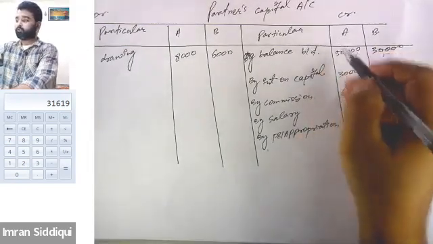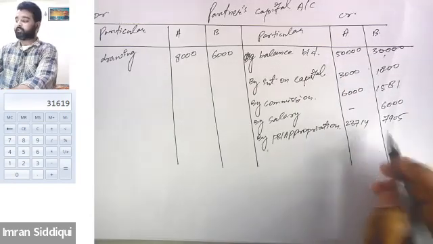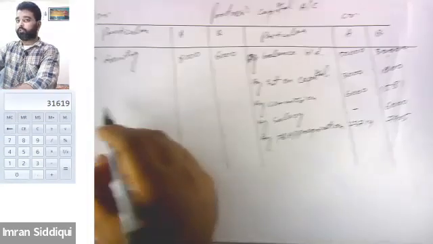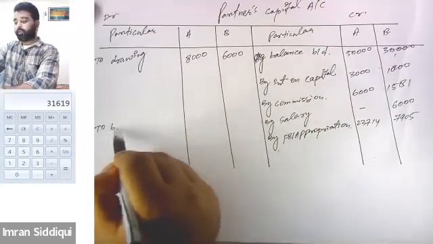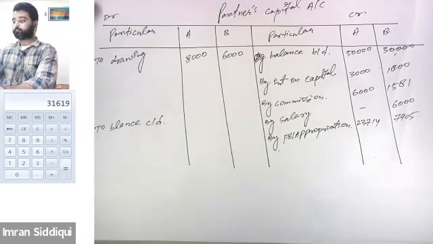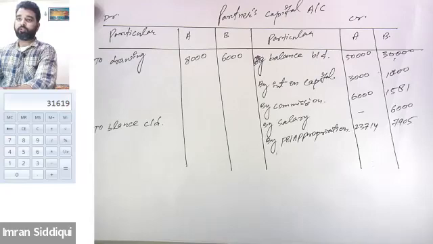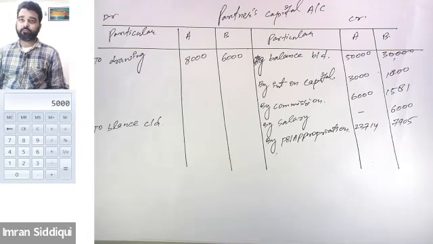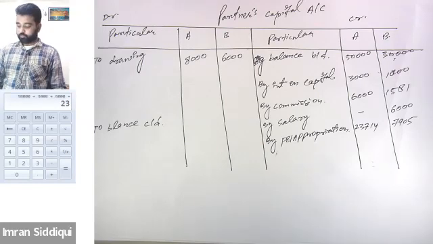Now all we need to do is total the credit side, subtract the amount on the debit side, and find the closing balance. So to balance c/d will be calculated. This is called the closing balance of the partner's capital. Let me show you how it will be done. First, we total the credit side of partner A: 50,000 plus 3,000 plus 6,000 plus 23,714.